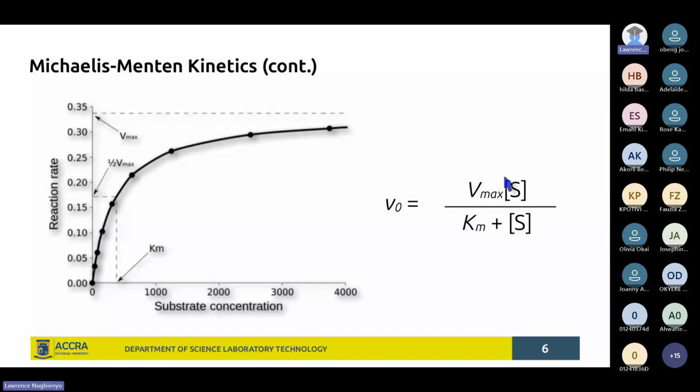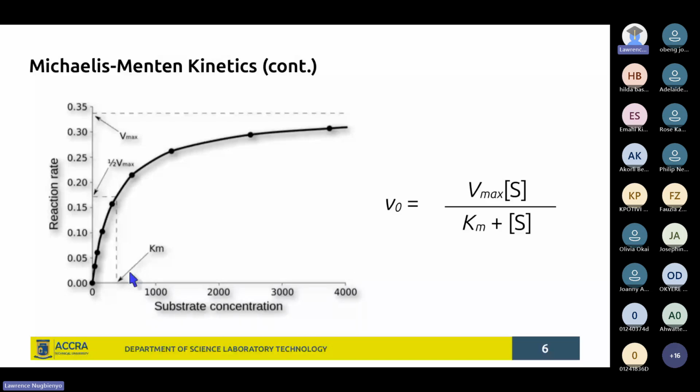You can easily remember that the rate of reaction at any point is equal to the product of the maximum rate of reaction and the substrate concentration, divided by the Michaelis-Menten constant plus the concentration of substrate. And also keep in mind what the Michaelis-Menten constant, Km, is.